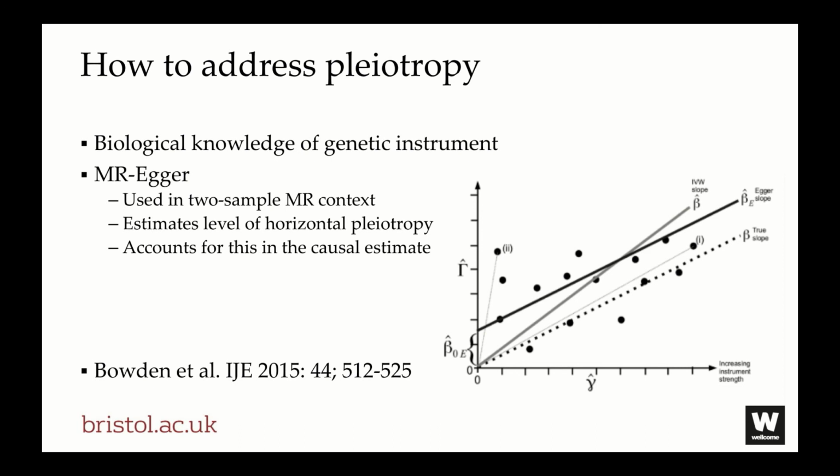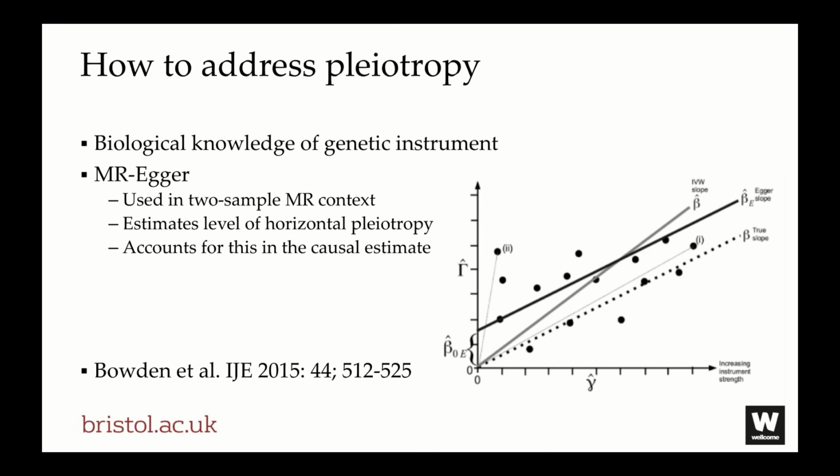And it's the most strict because it is literally assuming that there is no pleiotropy, like what we would normally do in an MR analysis. So if there's no effect of our SNP on our exposure, so this x-axis is 0, then there is no effect of the SNP on the outcome. So that kind of makes sense. There's no pleiotropy. There's no independent pathway between the SNPs and the outcome.